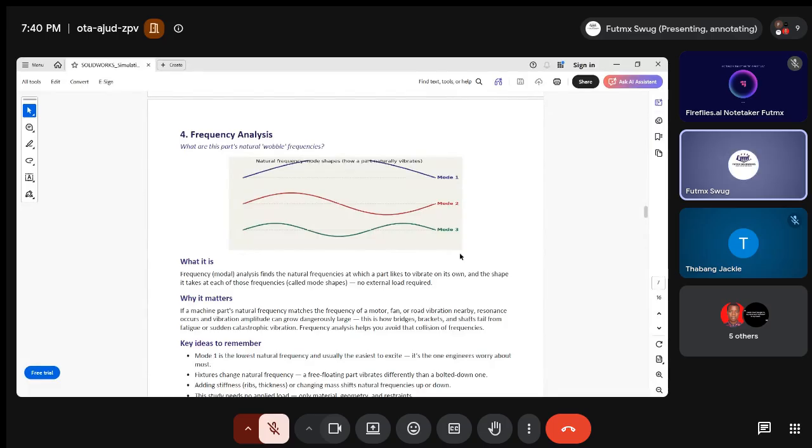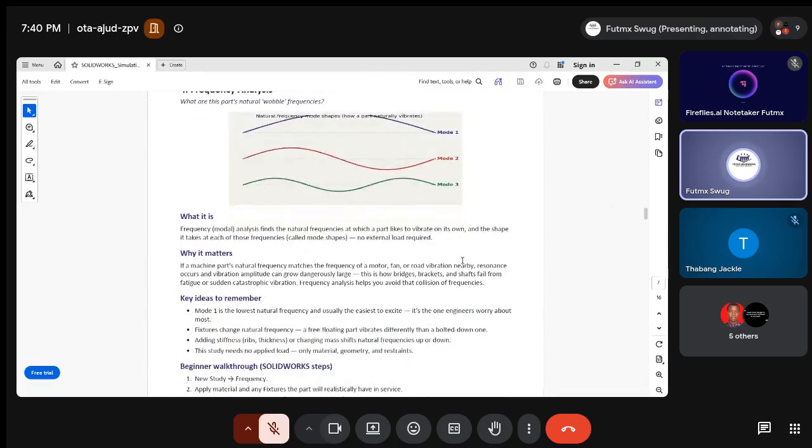That frequency mode tells you what mode you are in, and depending on that, you'll know if your part is vibrating at its natural frequency or above it. That makes the engineer know we need to tune this part's frequency of vibration down.